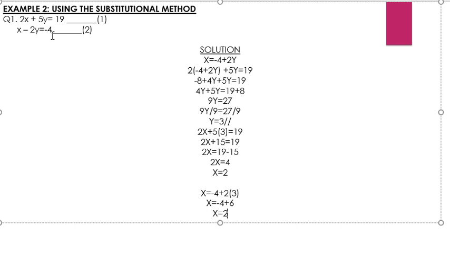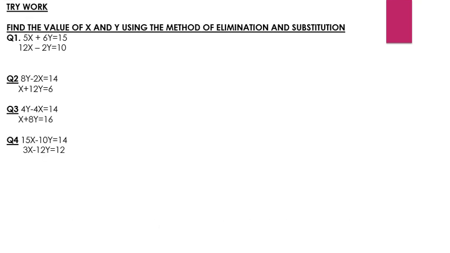So this is basically it. I'm going to leave some questions for you to try during your leisure time, and I hope as of now you become a pro in the substitutional method of solving simultaneous equations.